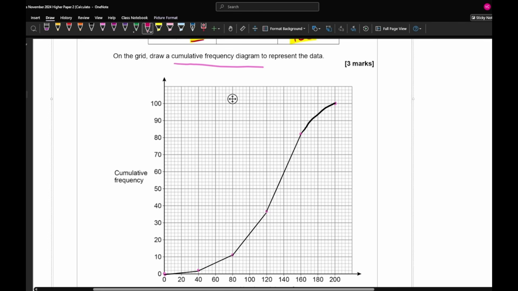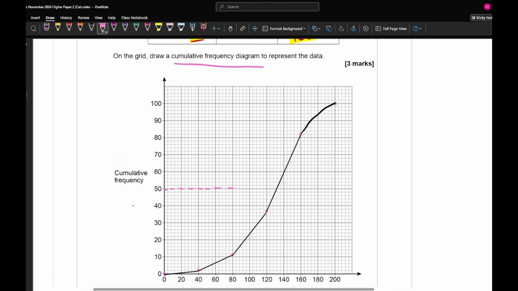So the median is going to be the total divided by 2, which is 50. What I need to do is draw a line at 50 using a ruler until it hits that point, and then as soon as it hits the line, I project downwards, and I reckon that is going to be around, I would say, 132.